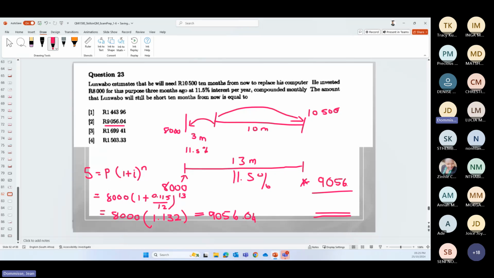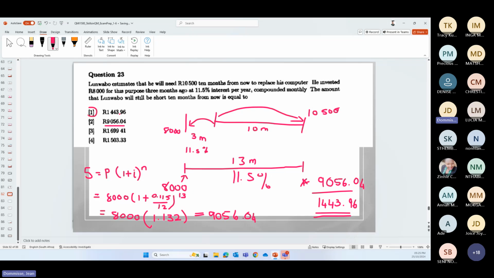I want to know how much we still need, so it's 10,500 minus 9,056. That gives us what is short: 1443.96.